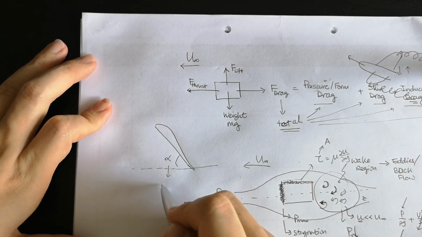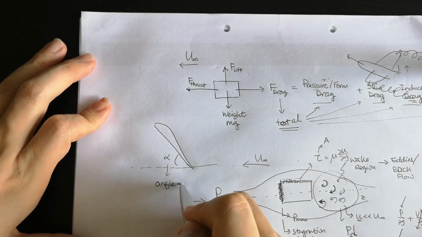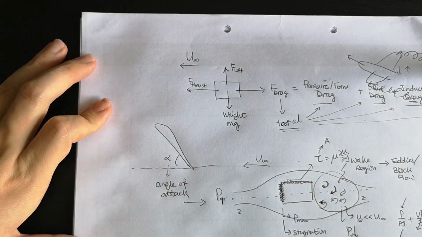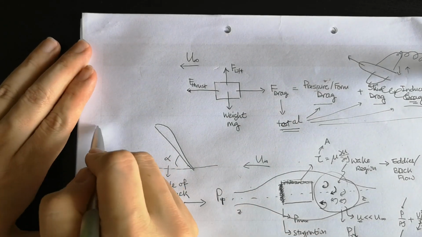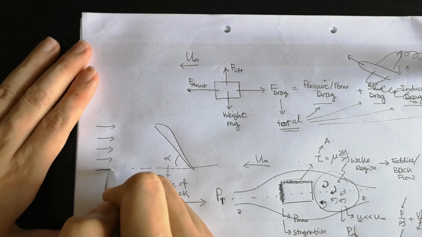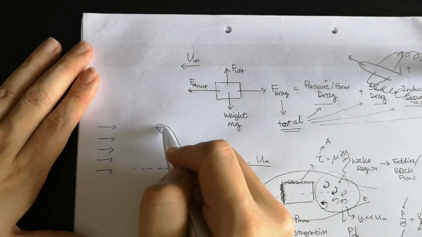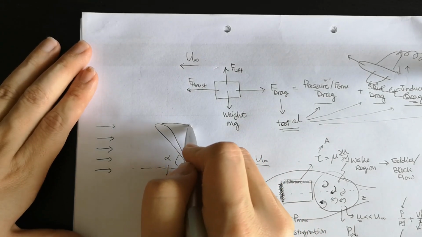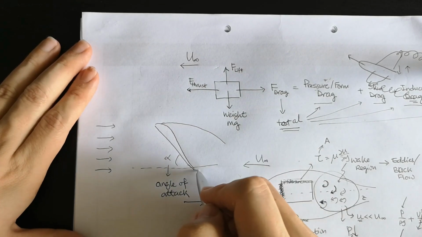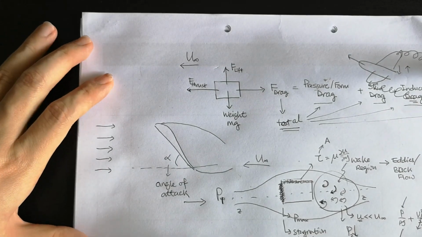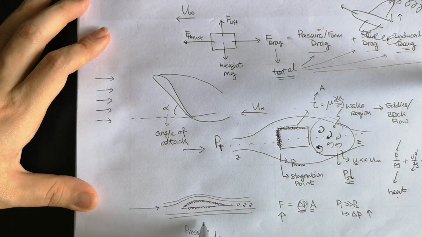We call this the angle of attack. Same as before, we have free stream velocity passing through this object. When we have a thick object, the flow will easily separate, or in other words, the flow will separate earlier than the one we have in a thin object.